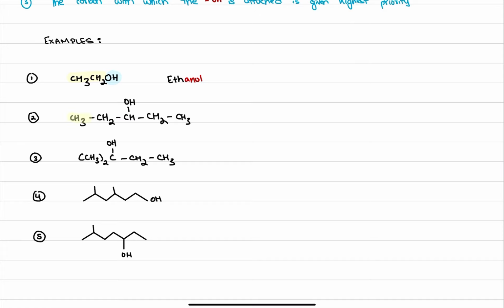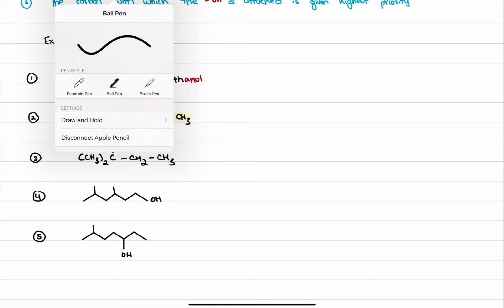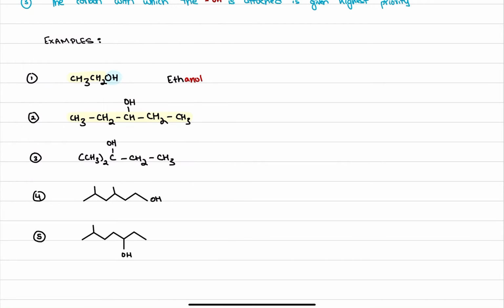In this case, I see 1, 2, 3, 4, and 5 carbons, and so let's decide our prefix, and that is going to be pent. And now, because I see an OH group attached over here, I can call it pentanol.